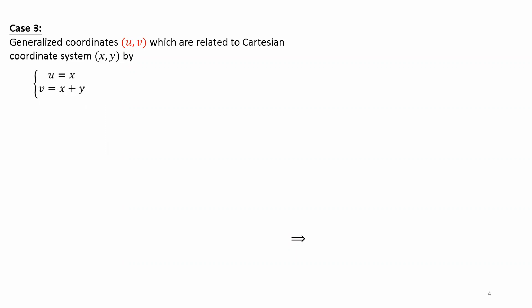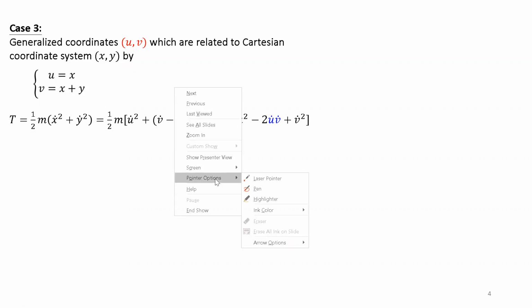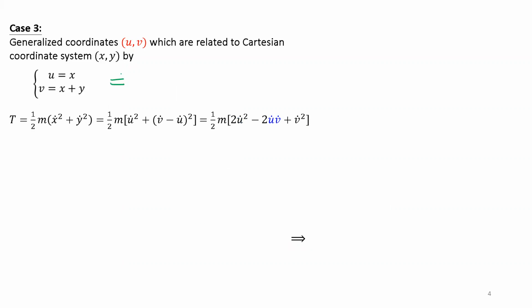In this case, what about the kinetic energy? The kinetic energy in the XY coordinates is written like this, and I want to convert it in terms of U and V. What I need to do is this: U equals X, that means U dot equals X dot. V equals X plus Y, that means Y dot equals V dot minus X dot, and X dot is just U dot, so this is V dot minus U dot.